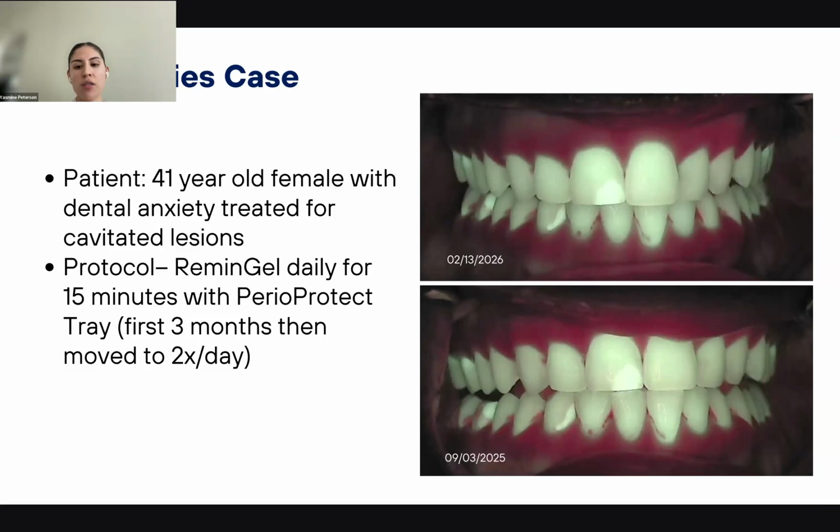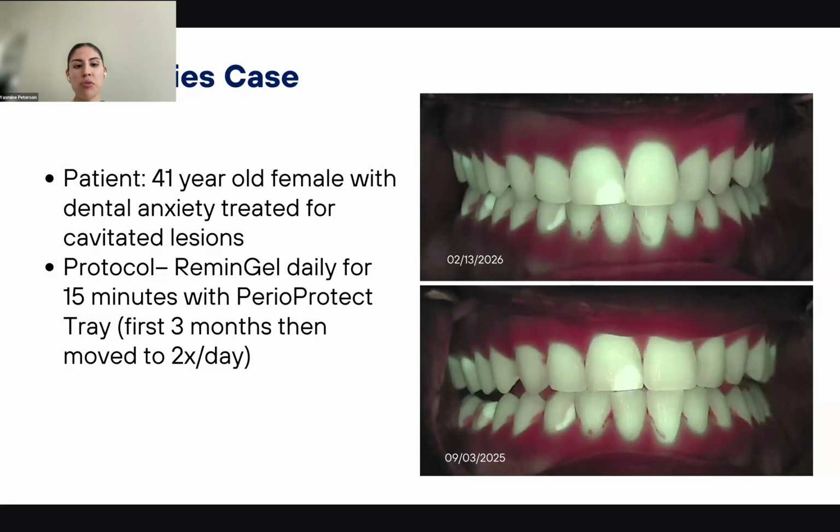Due to her dental anxiety and the amount of cavities, she really takes her time in choosing when she wants to fill these lesions. So, to help prolong the process and hopefully slow it down, we decided to use Remingel daily for 15 minutes with the Protect trays.